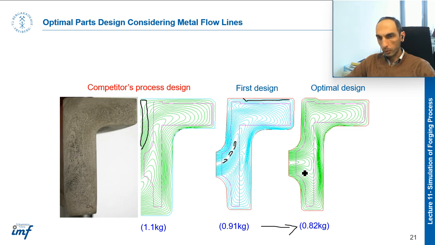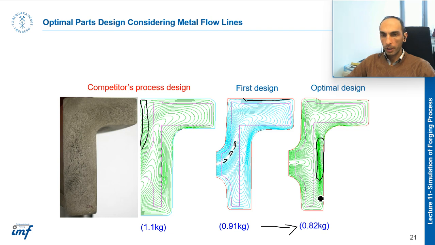So if you compare the metal flow line in the second design with the last design, you can find that these parts will be removed in machining afterwards. For example, this area, which has a compact metal flow line, will be removed.